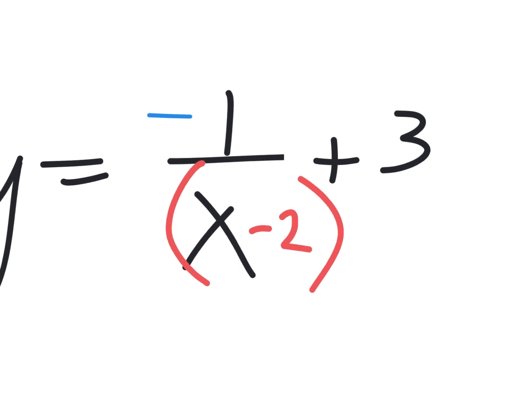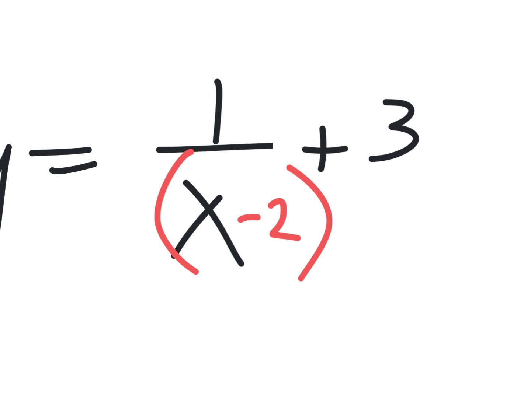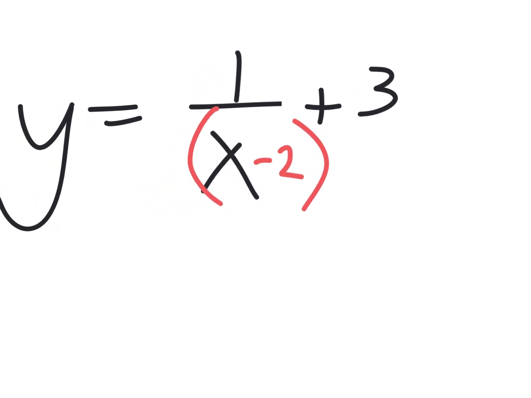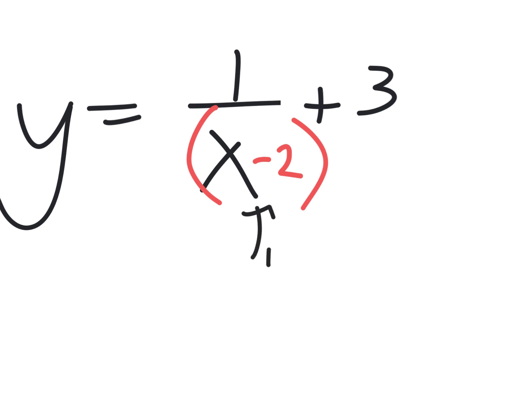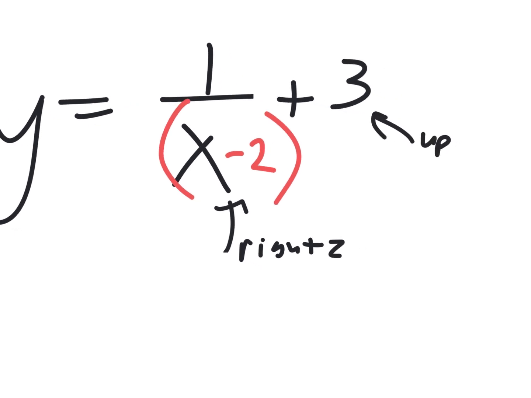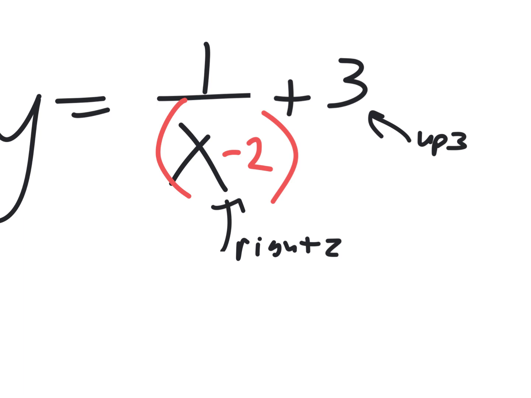Let me show you what that would look like. Let's just do this graph in the first place. Everybody, please write this down. And then I want you to take little notes off, like this is right 2. And this is up 3. This has a x equals 2 vertical asymptote.